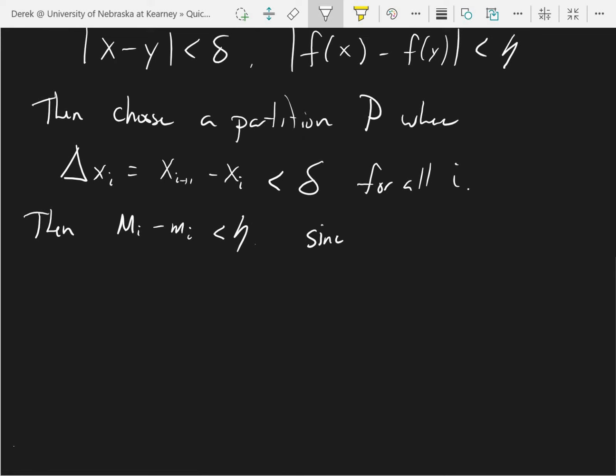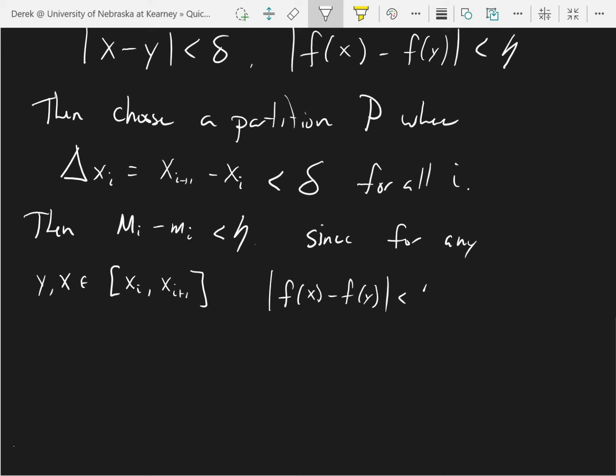Since for any x in [x sub i, x sub i plus 1], or y in there, f of x minus f of y is less than eta. So the difference between the maximum and the minimum inside that interval is also less than eta.